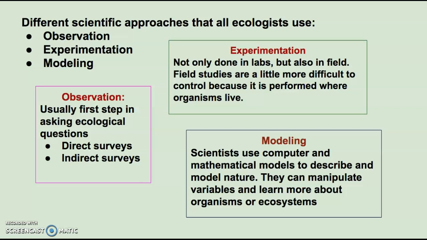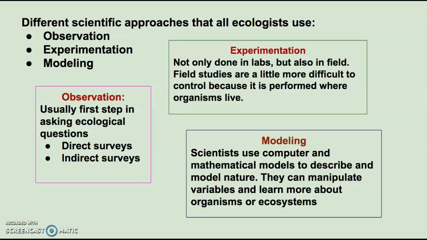Okay, when we speak about observation, which usually is the first step in asking ecological questions, we know that observation may take place over short or over long periods of time, usually over long periods, because environmental changes do not occur over short periods of time, so scientists have to do longer surveys.